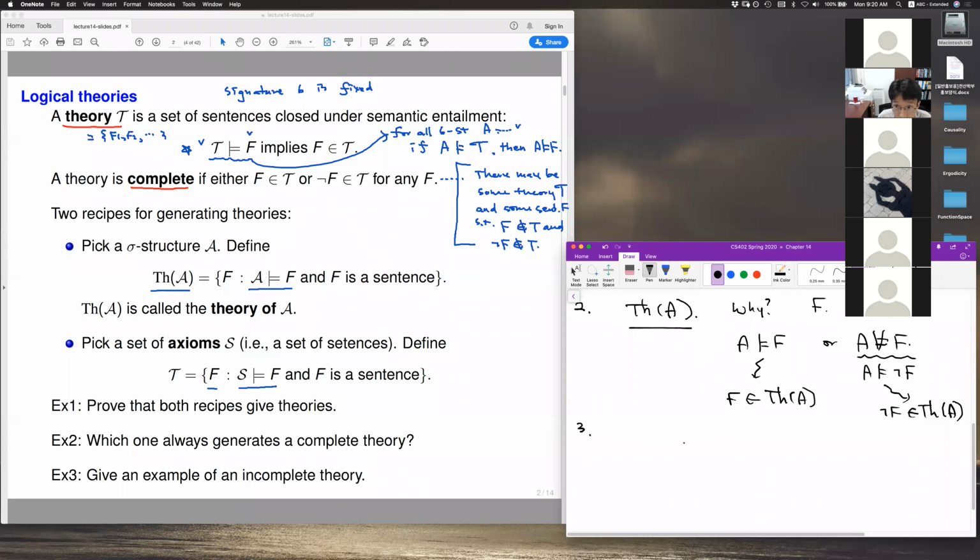For the third example, the example is group theory. In the group theory signature, sigma usually has a unit and a binary operation, and this set of sentences contains sentences which talk about the group axioms. For instance, it has an axiom like for all X, for all Y, and for all Z, talking about associativity: (X·Y)·Z is the same as X·(Y·Z), and so on.